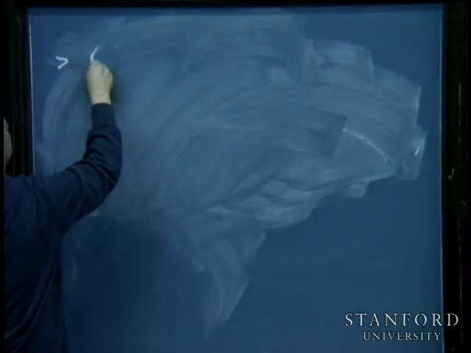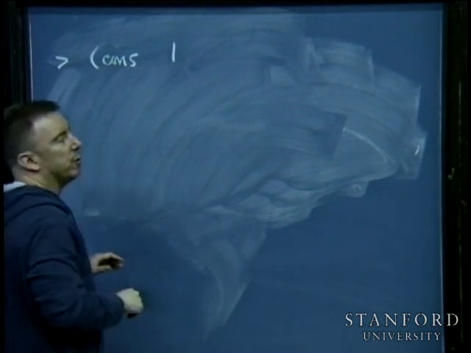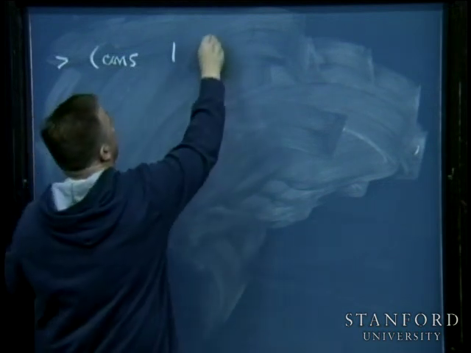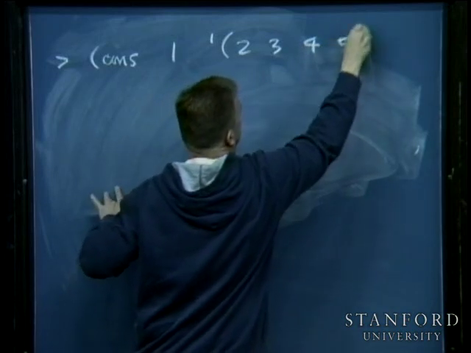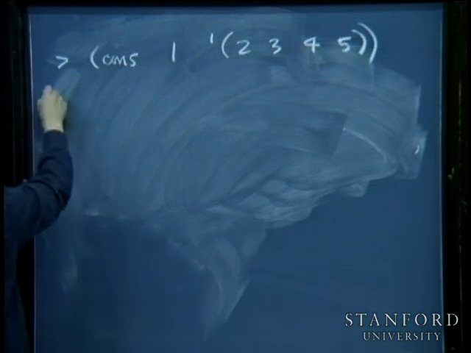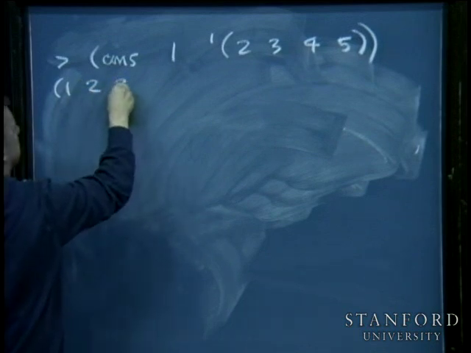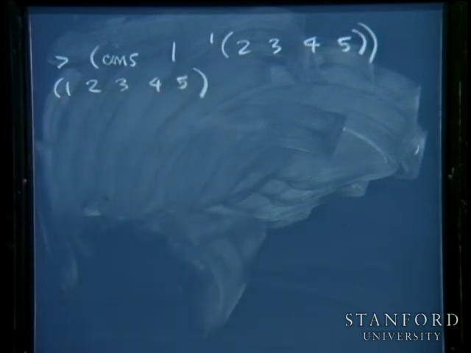If I, at the prompt, do cons, and I say 1, which evaluates to itself, on the list 2, 3, 4, 5. Cons is short for construct. It actually synthesizes a new list for you, and it would return this. So cons is always supposed to take two arguments.